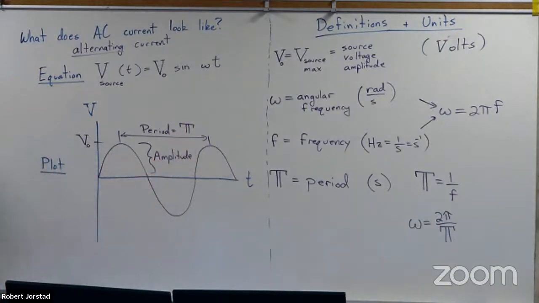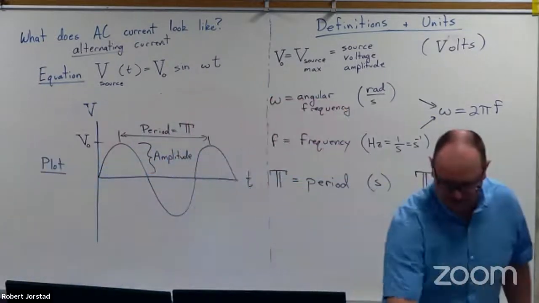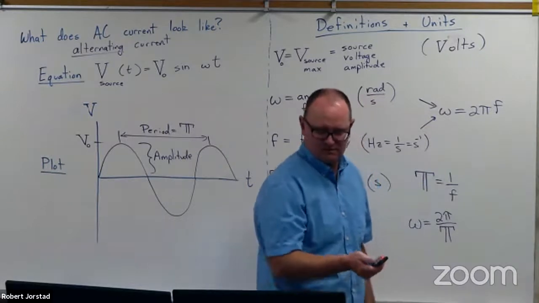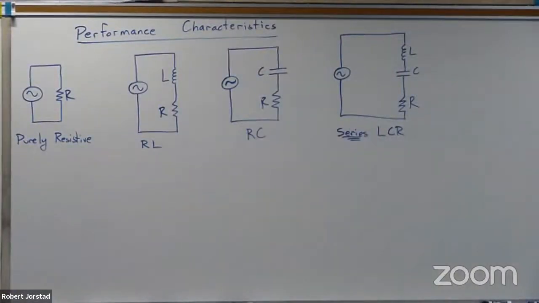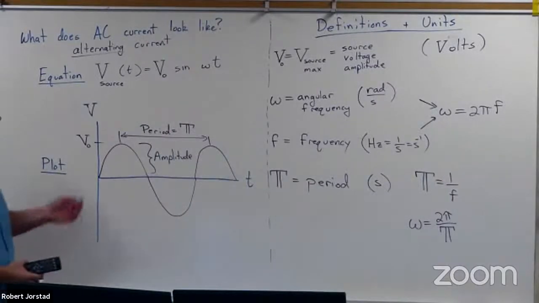All right, so notice this sine wave plot here. That might give you some indication of why on the other side of the board I was indicating an AC source as a circle with a sine wave inside it. So we've got our basic definitions and units.